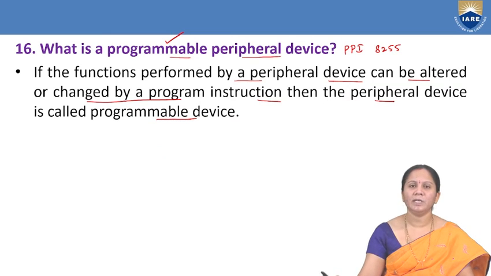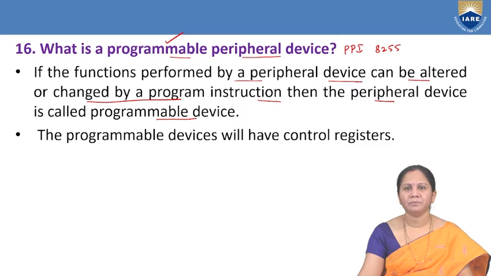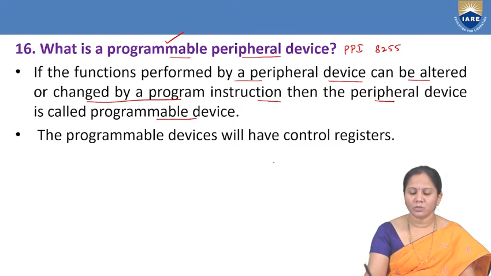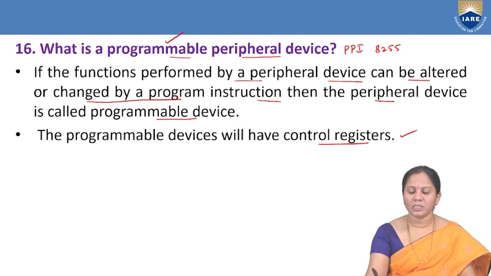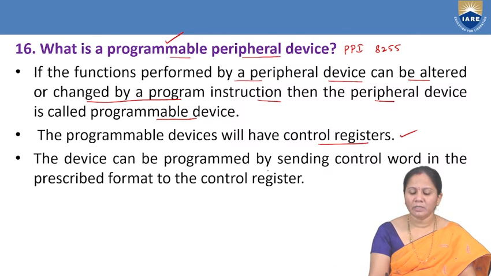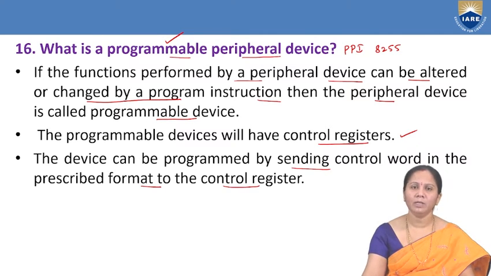That means by using internal registers inside that device, we can change the program instruction. The programmable devices have control registers, and using these control registers only, we alter or change the program instruction. So the device can be programmed by sending a control word in the prescribed format to the control register.